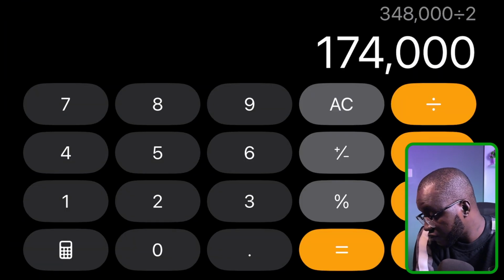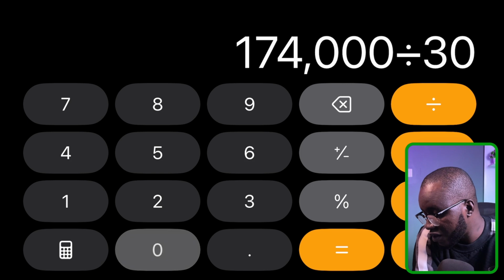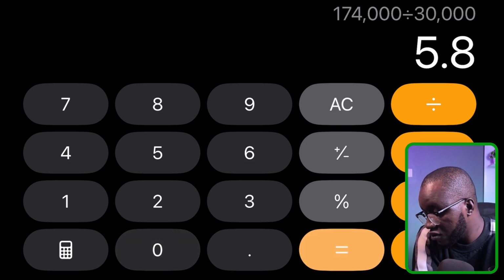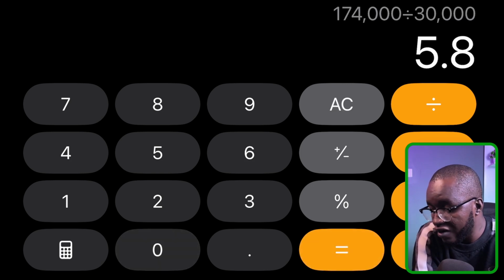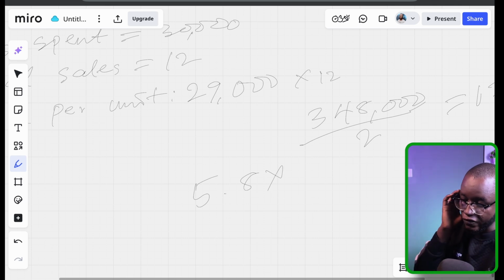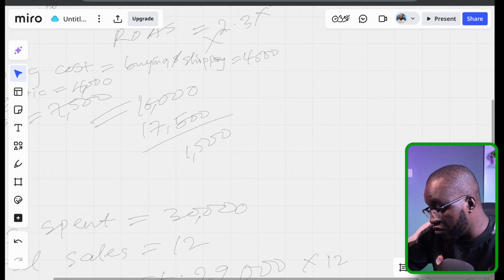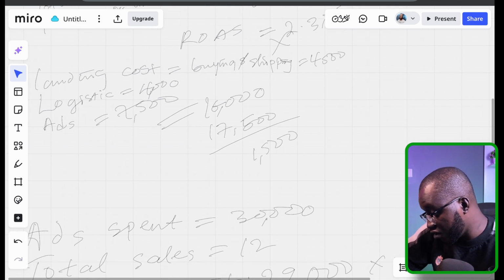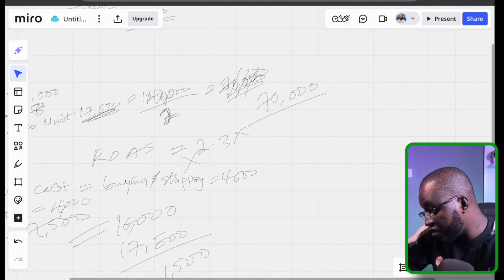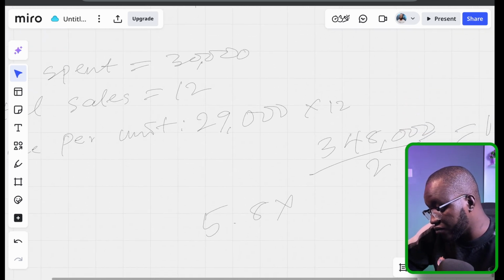So now, 174,000 divided by the amount spent on adverts gives us 5.8x, which means for every 1,000 we are spending on adverts, we are getting 5,800 naira back. Meanwhile, here, for every 1,000 we spend on adverts, we are getting just 2,300 naira back.